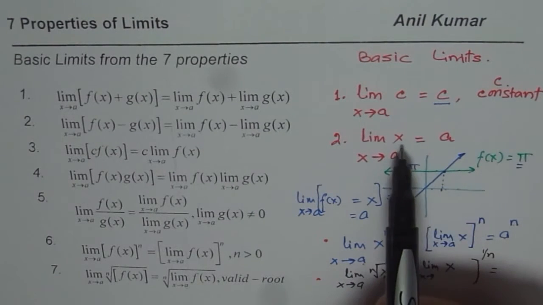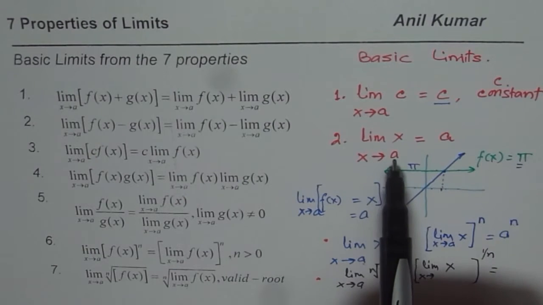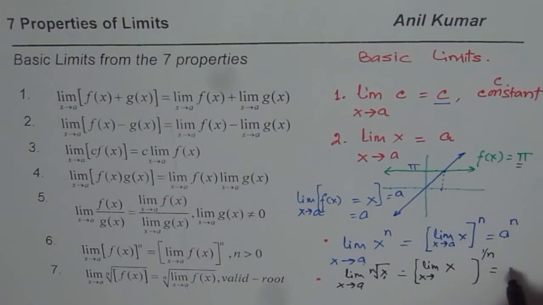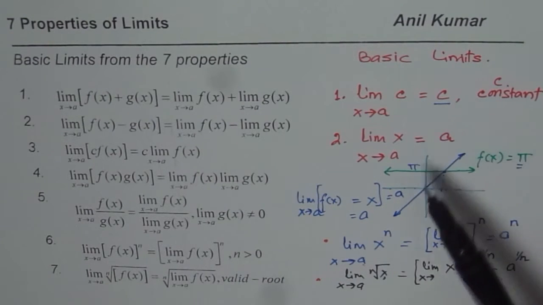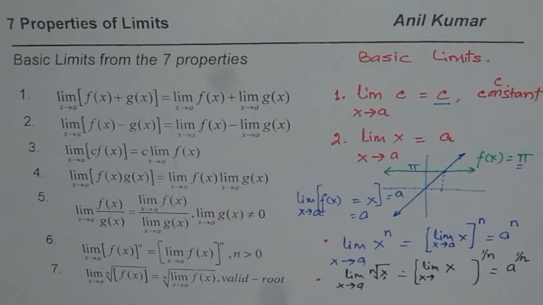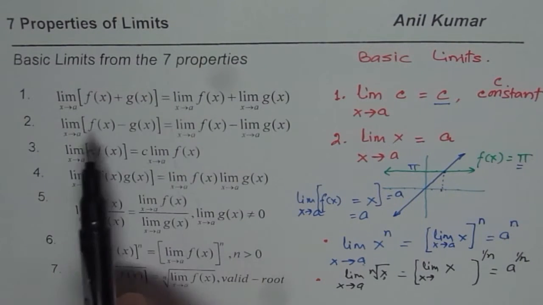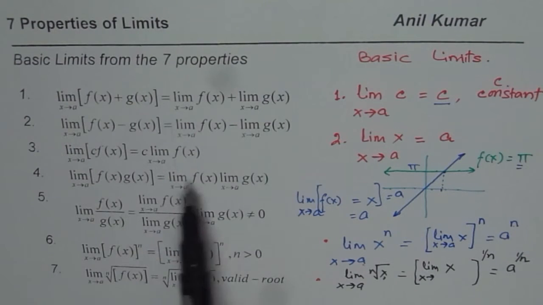We know the limit of x as x approaches a is a, and therefore we get a to the power of 1 over n. That is how we can combine these properties with the basic limits and get limits for all other functions. In the following examples, I will use the sum of limits, product of limits, difference of limits, and all these, with a few examples.